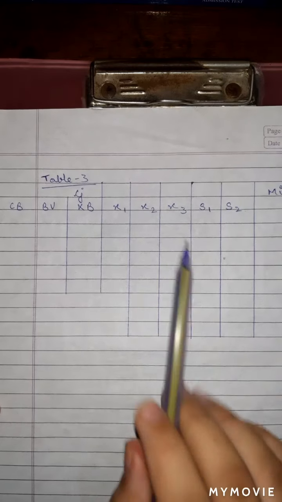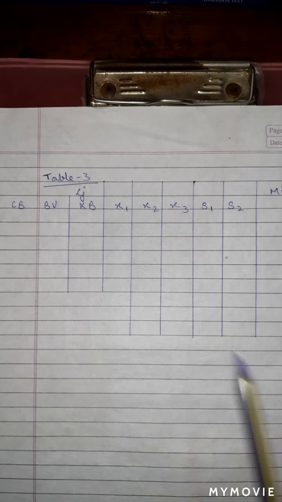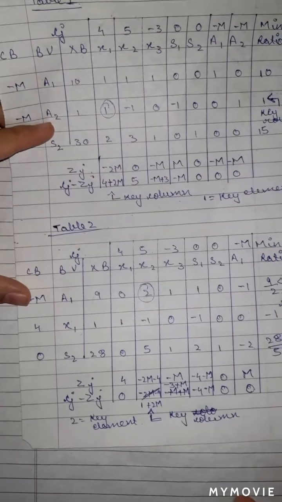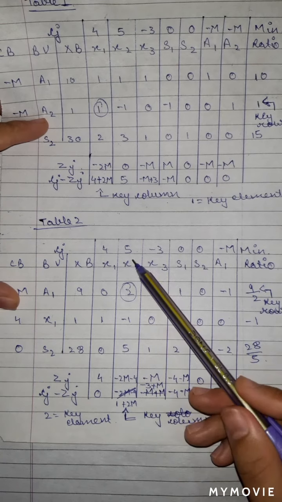So table 3, the values will be the same over here, and our leaving variable over here is a1 and entering variable over here is x2.